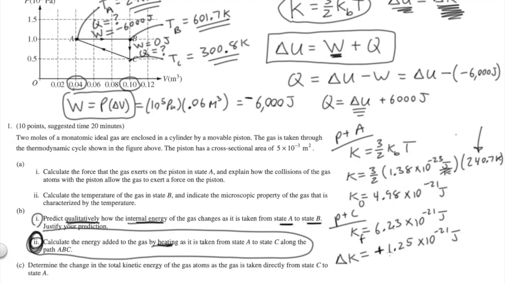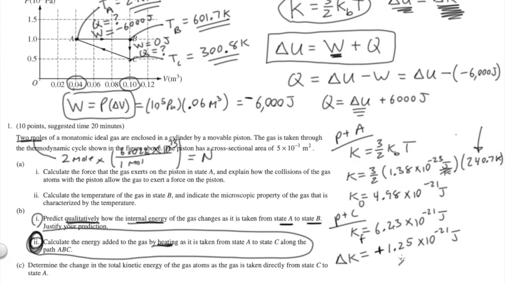Now, this number is again for a single molecule. How many molecules do we have? There are 2 moles, and 1 mole is 6.022 times 10 to the 23rd. So our total number of molecules, let's call it N, is 2 times 6.022 times 10 to the 23rd.